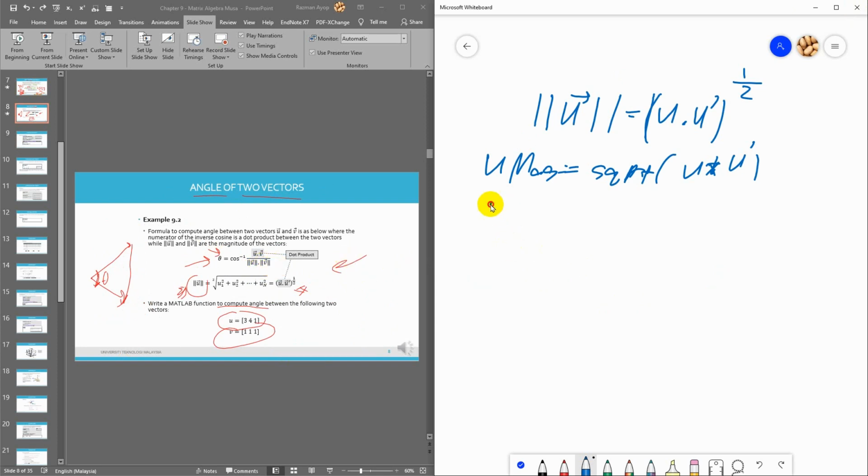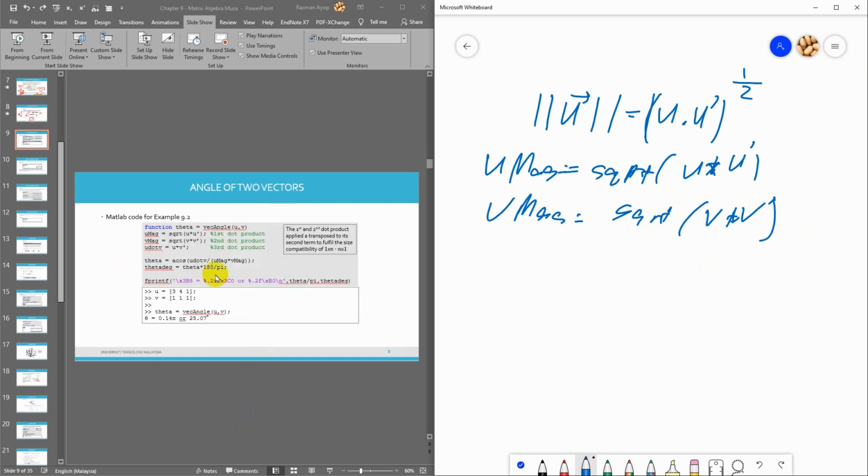So v mag, of course, is sqrt of v dot v. So that's why the second code is right.